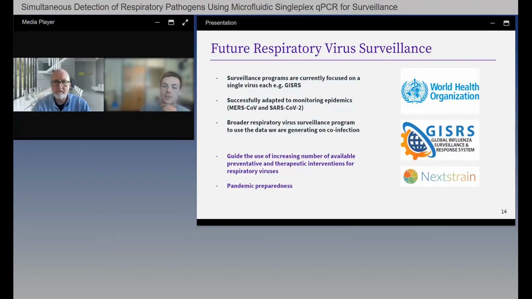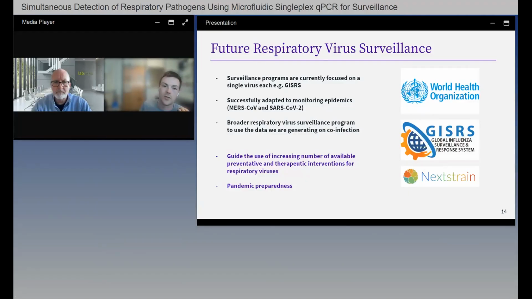I think given the technology and how we can detect multiple viruses in single tests, it'd be nice to see a broader respiratory virus surveillance platform and program which could interlink different viruses. So basically adapting the current system to include RSV, to include human metapneumovirus.